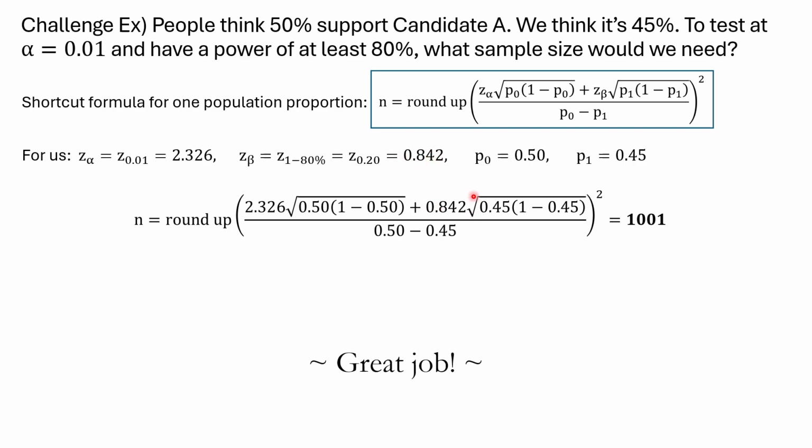And so that will be 0.842 right here, times the square root of P1, that's 45%, 0.45, times 1 minus P1, that's the numerator still, and we're still inside a square root here. Then we'll still divide by the difference between what people think it is and what we think it is, so 0.5 minus 0.45. We'll square that business, then we'll round it up, and we get 1001, the same exact number as before, as we expected.